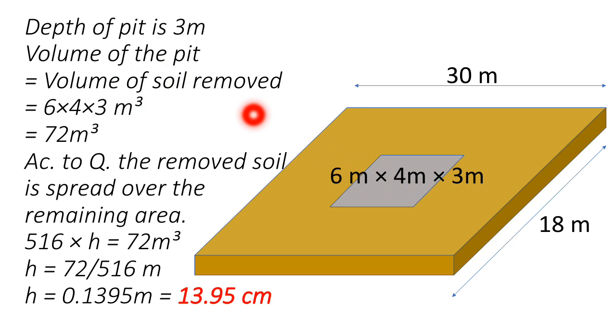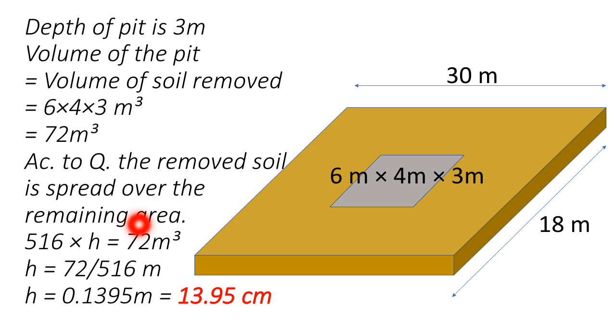So 6 into 4 into 3 is equal to 72 meter cube. It is the volume of the pit, or the volume of the soil that was removed. Now according to the question, that removed soil is spread over the remaining area of the field. The remaining area means 516 meter square.